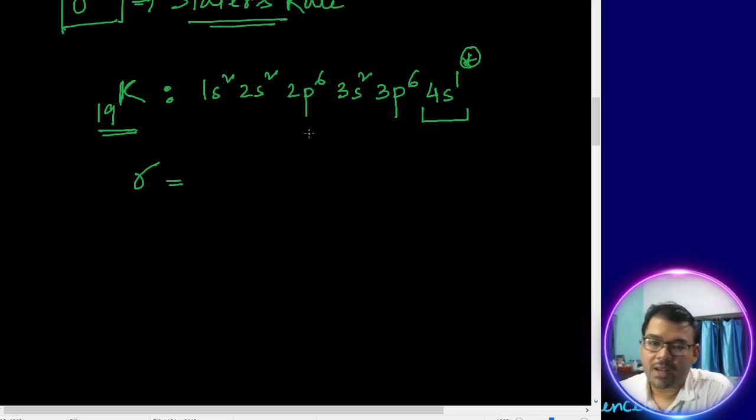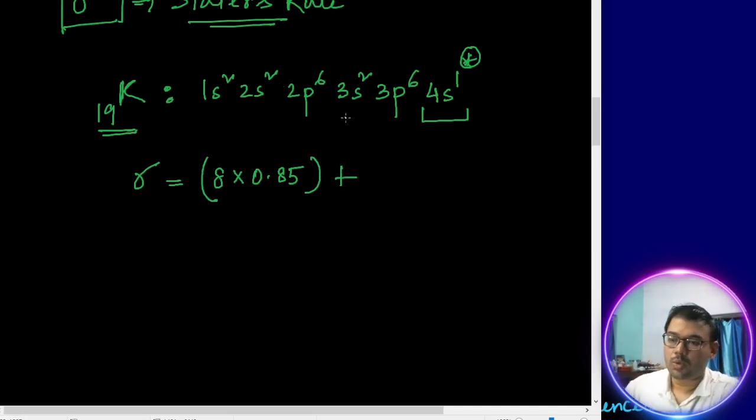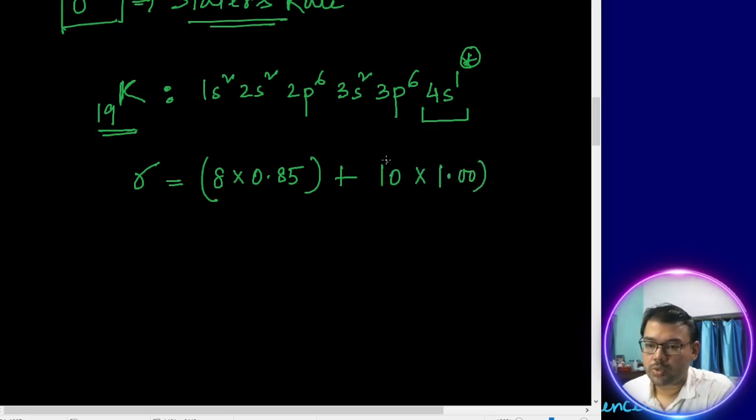If ns np contributes 0.35 for each electron, then for the n minus 1 shell, moving to the left hand side, the n minus 1th shell contributes 0.85. So 2 plus 6, 8 electrons are present in the third shell, so 8 into 0.85, plus the remaining electrons, 2 plus 2 plus 6, that is 10 electrons, each contribute 1.00 to the sigma.